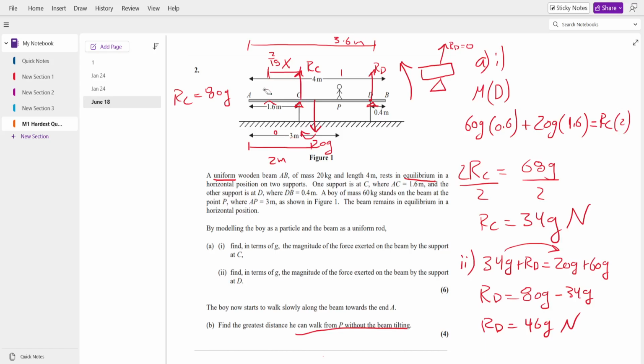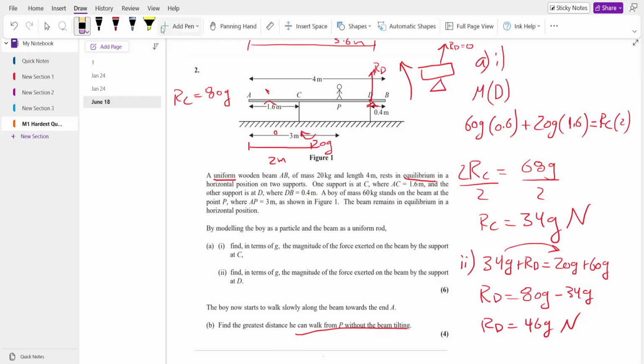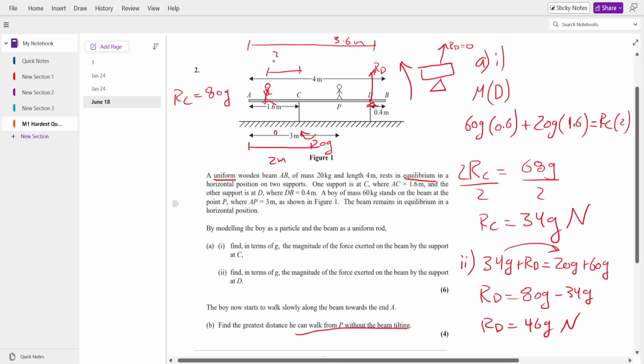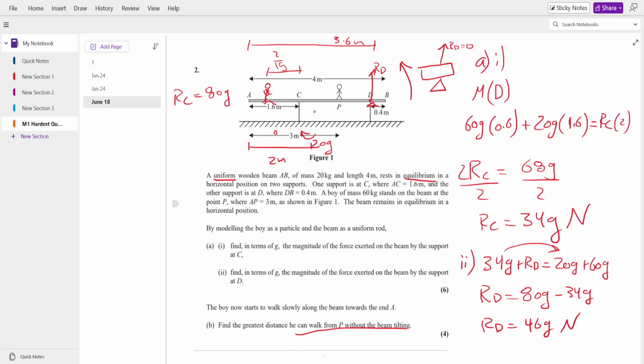So I can do something. I can erase all of this. I know now that my distance from the point P, or the new point, which is here, is basically 2 over 15. And I know that my P was 3 meters from A. And C was 1.6 meters from A. So I can say that from C to P it was 3 meters minus 1.6, which is 1.4 meters.